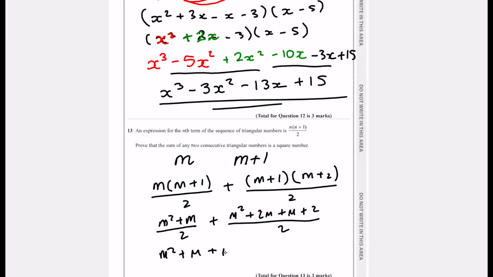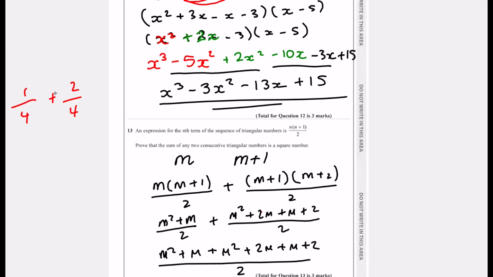So add the tops and the bottom stays as 2 because we've got a common denominator. So just like we'd add 1/4 and 2/4, the bottom stays the same and we just add the numerators.